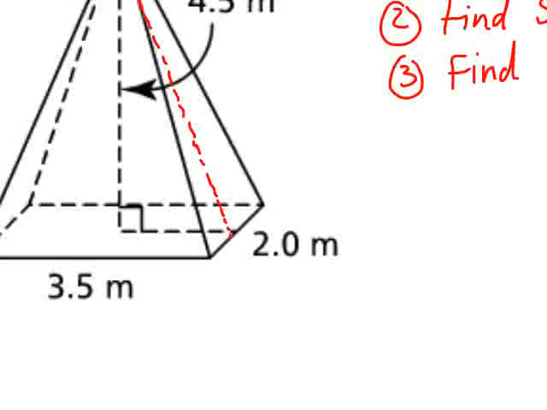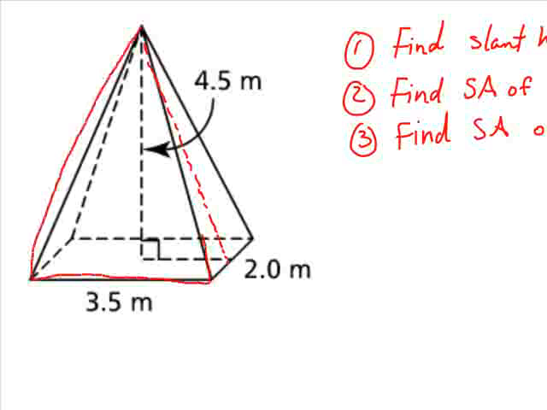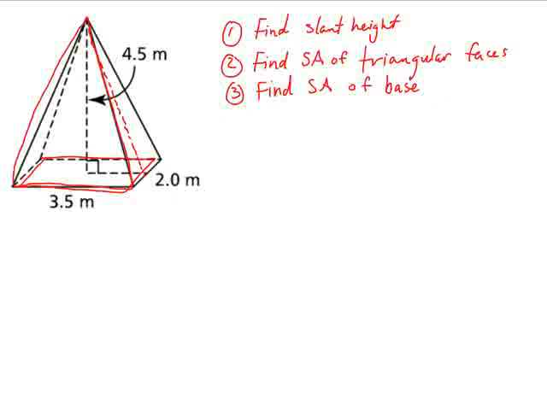The second thing we need to find is the surface area of each triangular face. And thirdly, we're going to find the surface area of the base, which is simply what's resting on the ground or the table.